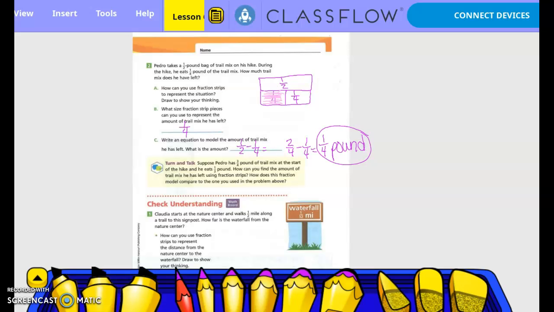Okay, so in this case, we would need to put our whole piece, right? So we'd have our whole piece of 1, right? And how far does she walk to begin with? The 1/2 of a mile, right? So this represents 1 full mile, right? And then we need to show 1/2 a mile, so she's walked 1/2 a mile.